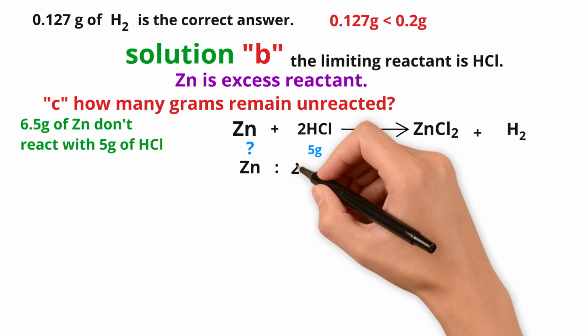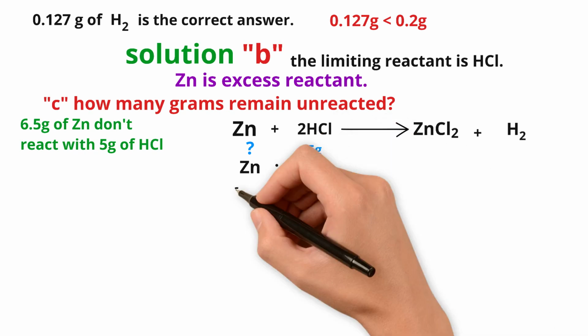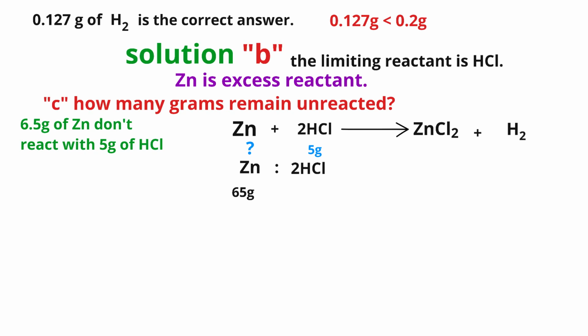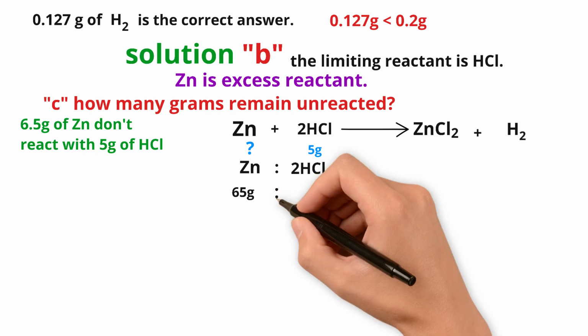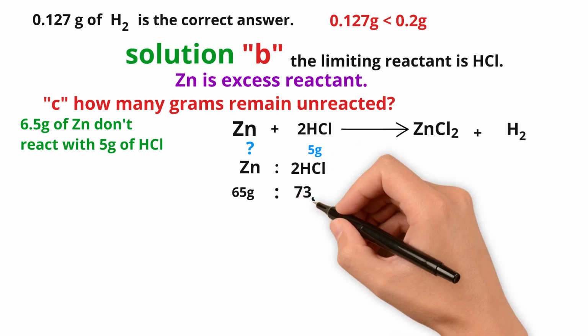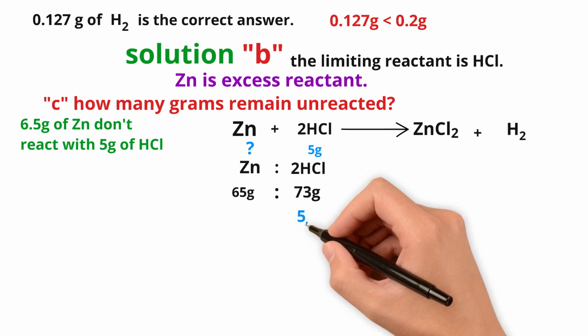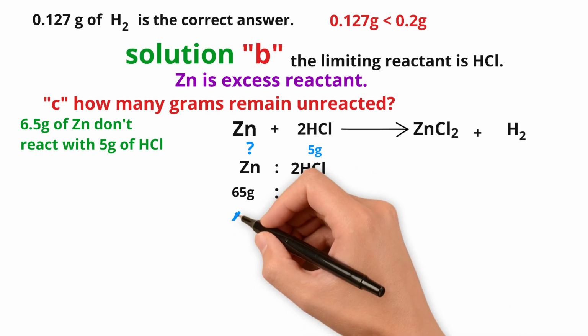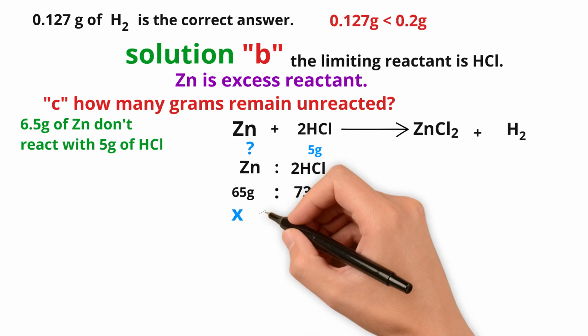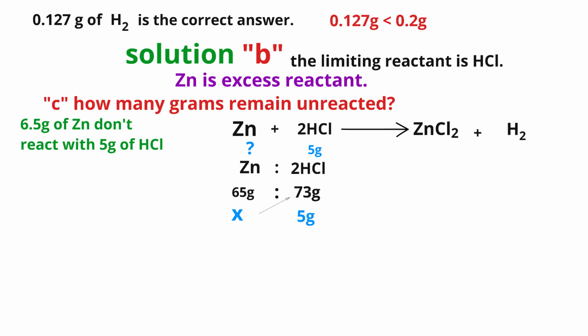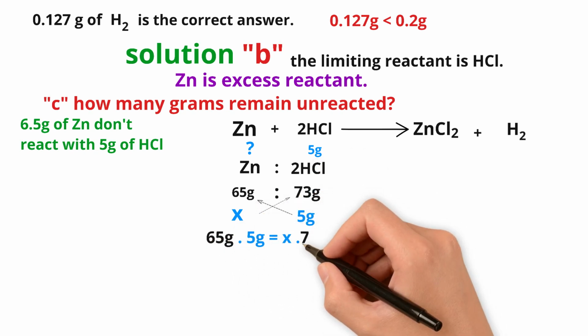Now, 5 gram of HCl reacts with how many gram of zinc? Let's answer this question. To answer this question, let us set up zinc to HCl ratio. From the balanced chemical equation, 73 gram of HCl react with 65 gram of zinc. Now, 5 gram of HCl react with how many gram of zinc?